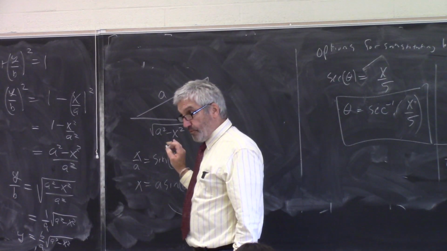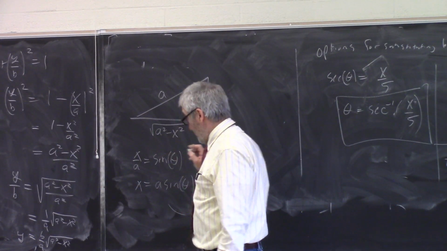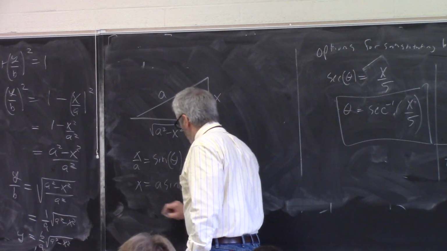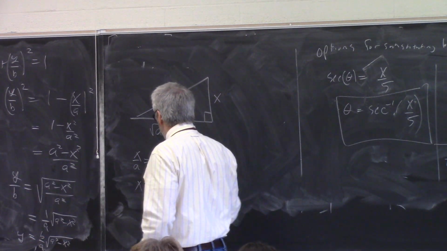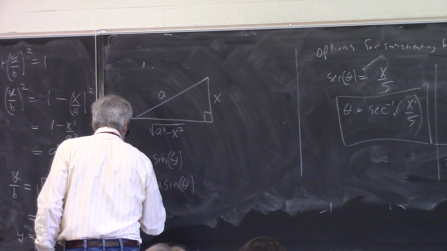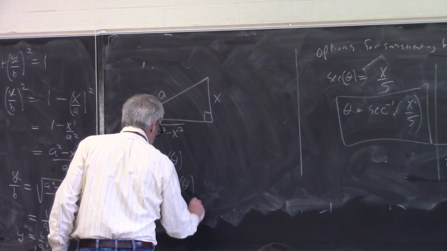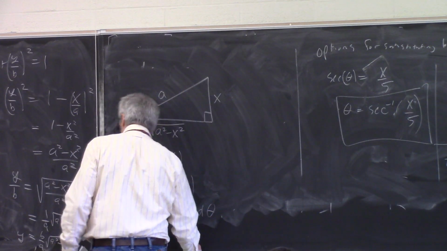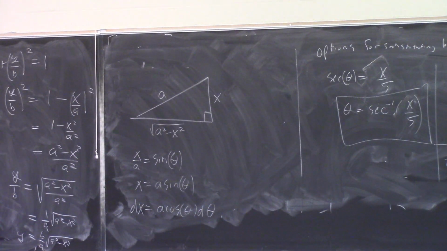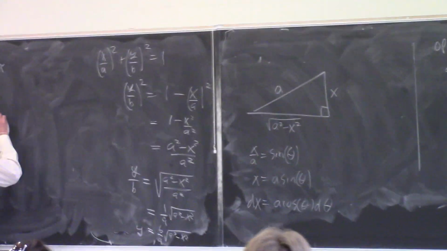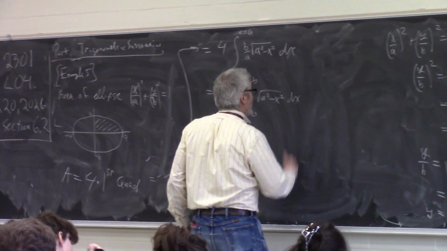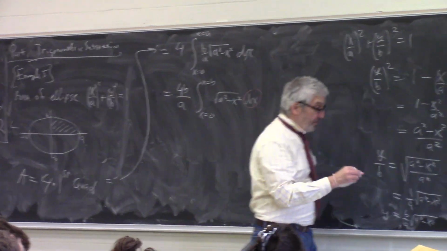You just got to be careful in your accounting. Okay. So that means that dx is going to be a cos theta d theta. So there I've got a new version of the dx. That dx is going to be replaced with this.